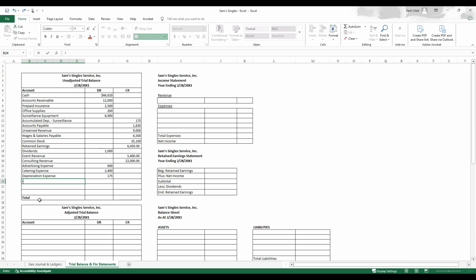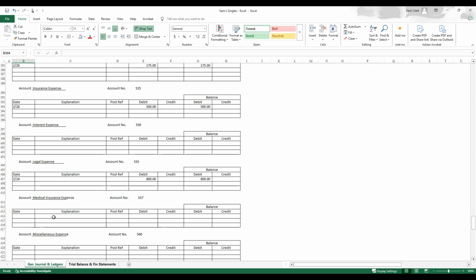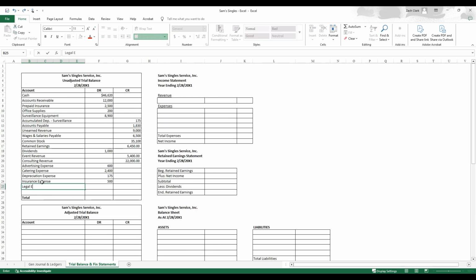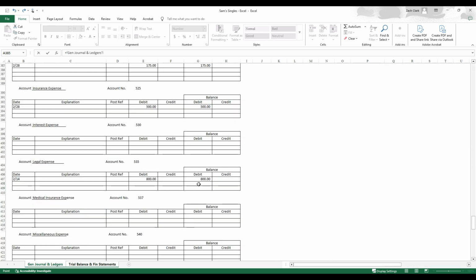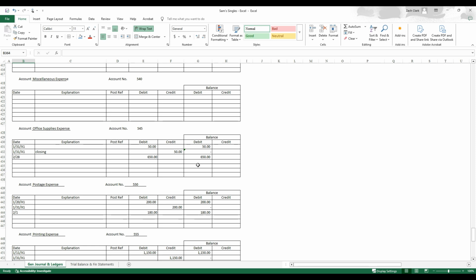So insurance expense. Legal expense. What's left?